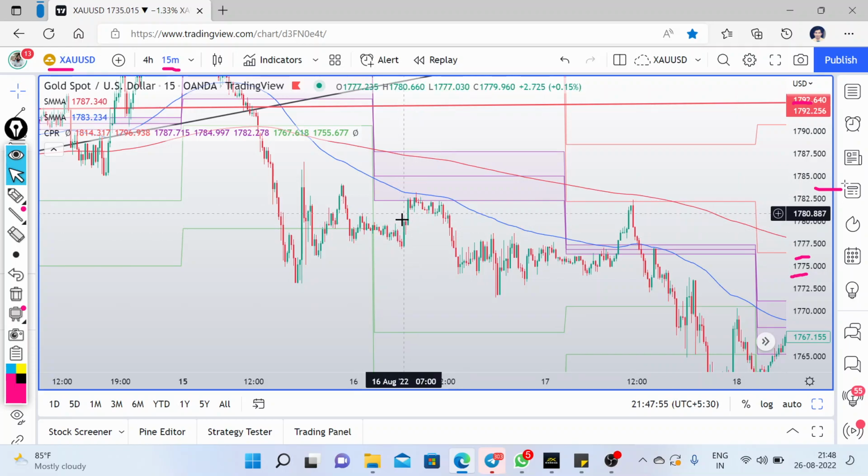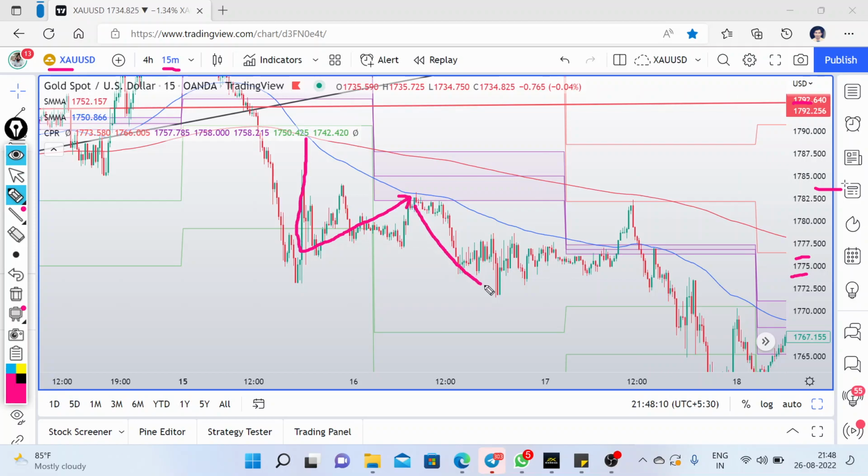So you have to wait for the retracement toward the 50 moving average. After the crossover it retraced back to this point, and then it fell back. You can say an easy $5-6 move. So you can catch that move.